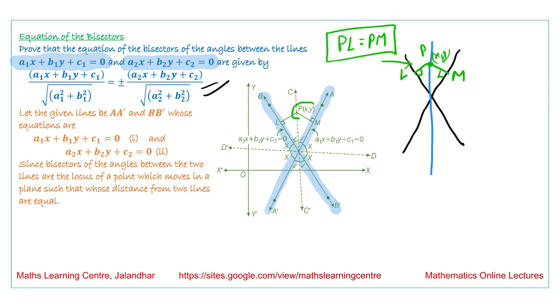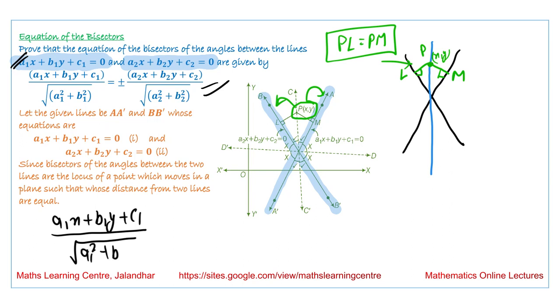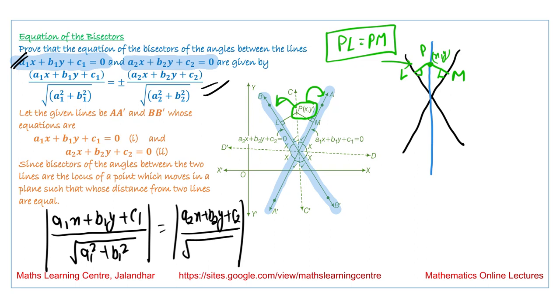So if we consider any general point P(x, y) on this line and we calculate the distance from both these lines, the formula for the distance from the first line is mod of (A1x plus B1y plus C1) divided by square root of A1 square plus B1 square. That should be equal to mod of the distance from the second line, (A2x plus B2y plus C2) divided by square root of A2 square plus B2 square.